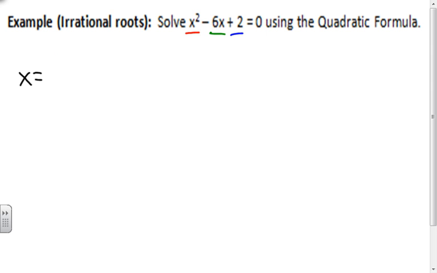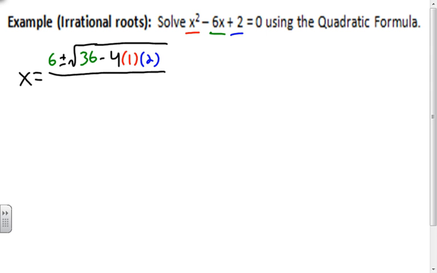X equals negative b, so negative 6 is 6, plus or minus the square root of b squared, so negative 6 squared, be positive 36, minus 4 times our value of a, which is 1, times our value of c, which is 2. All of that over 2 times our value of a, which is 1.